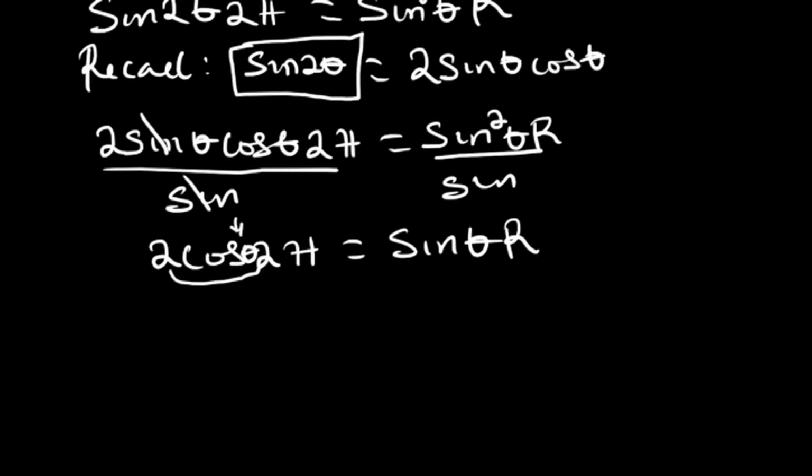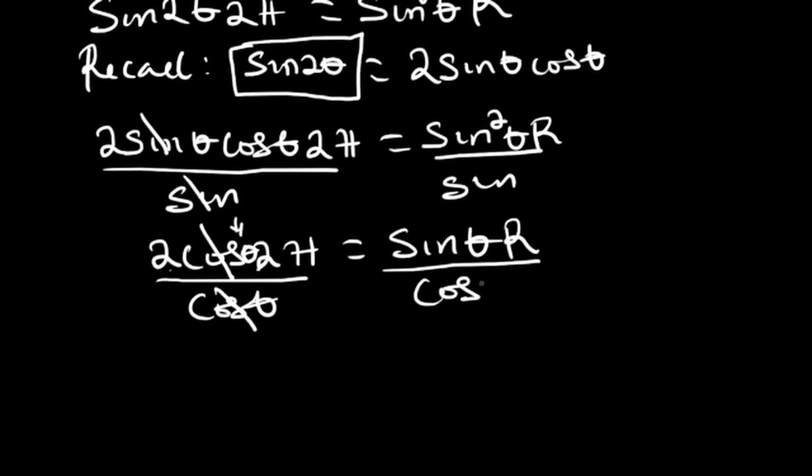Okay, let's continue. The next thing I'm going to do is to divide both sides by cos theta to see what we shall obtain. The cos theta on the left cancels out with the one down here, and this now becomes sine theta over cos theta. So let's copy it down.